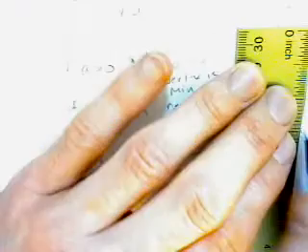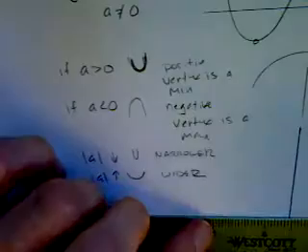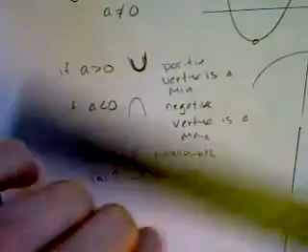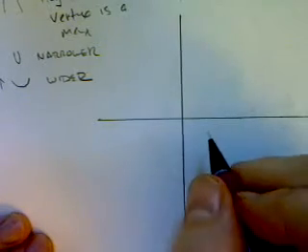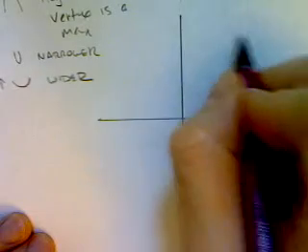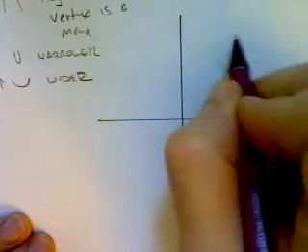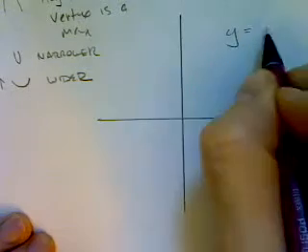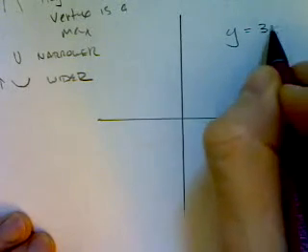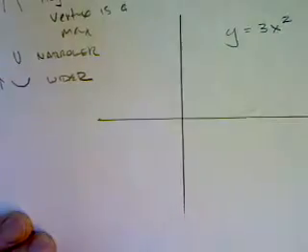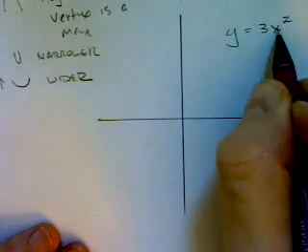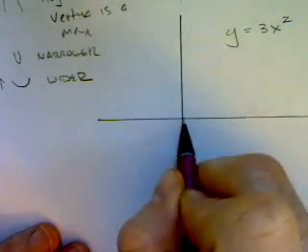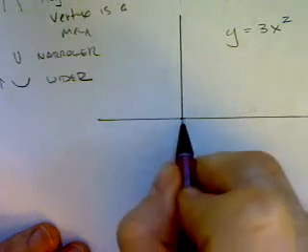These things kind of make sense. We look at this really quickly. We said that if A is positive, so y equals 3x squared, we can see that if x is 0, y is 0.